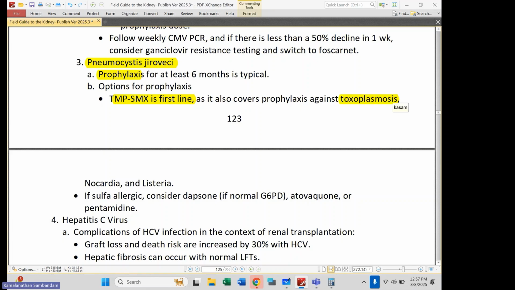The sulfa portion of the Bactrim has suppression of toxoplasmosis. Nocardia and Listeria as well are inhibited by Bactrim, and so we use it. It also might help with post-transplant UTIs. So that's generally the go-to. Now, if somebody has a sulfa allergy, we're using the other typical options, right?